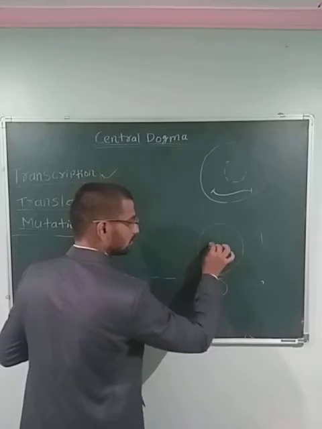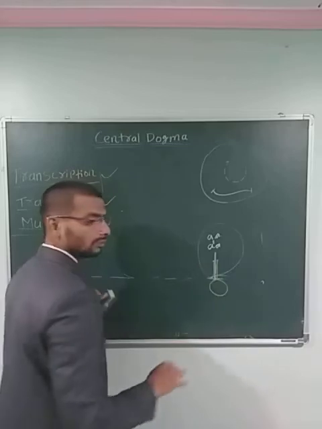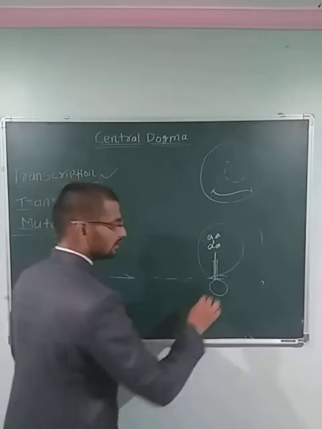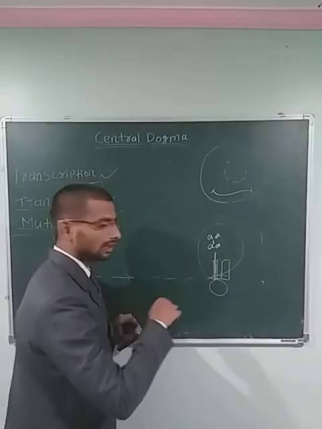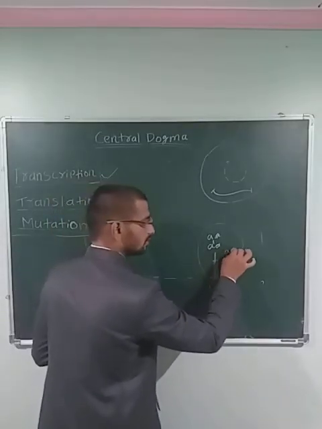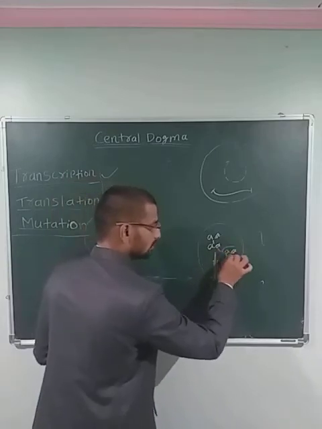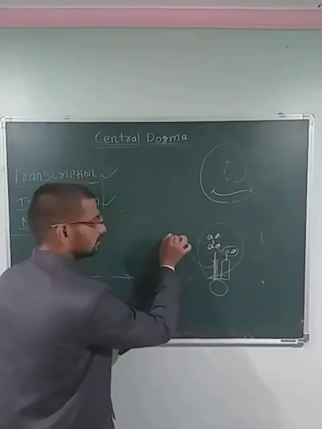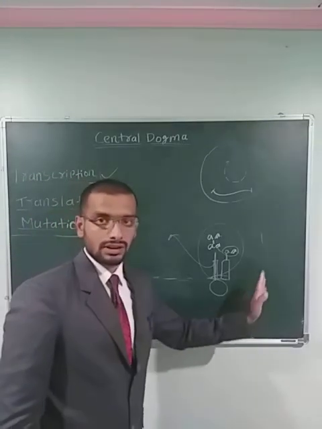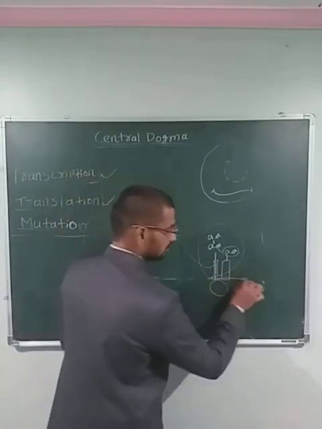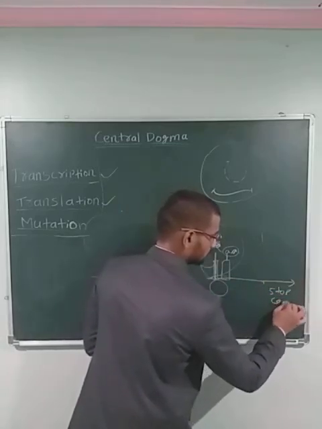Now we have a tRNA with a chain of amino acids, and at the first position we have a new tRNA with its amino acid. This amino acid will attach over here, and this tRNA leaves the process. This process continues till the stop codon.